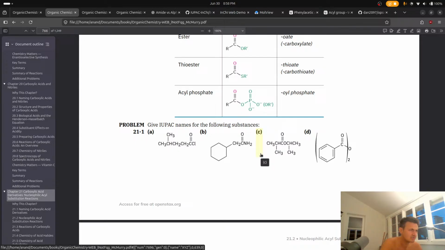Okay, so this is one, two, three. Okay, so first we have a 2-methyl ethyl. 2-methyl.